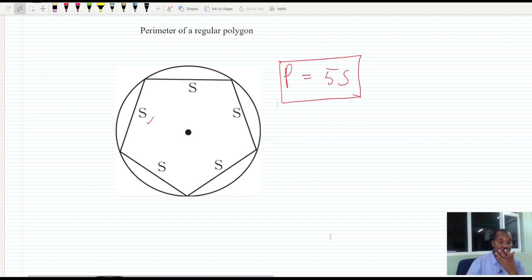As I told you, we are going to consider a scenario in which we have a polygon inscribed in a circle, just like we see here a pentagon inscribed in a circle. So we are going to derive the formula according to the inscription of a regular polygon in a given circle.